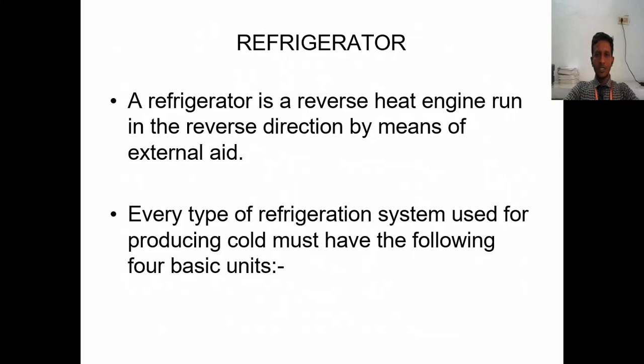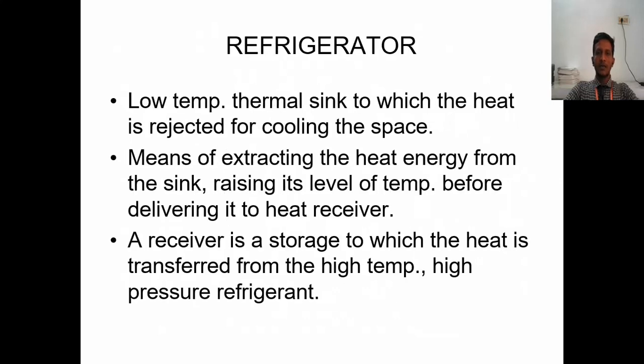A refrigerator is a reverse heat engine that runs in the reverse direction by means of external mechanical work. Every type of refrigeration system used for producing cold must have the following four basic units. First one is the refrigerator, the low temperature thermal sink to which the heat is rejected for cooling the space.